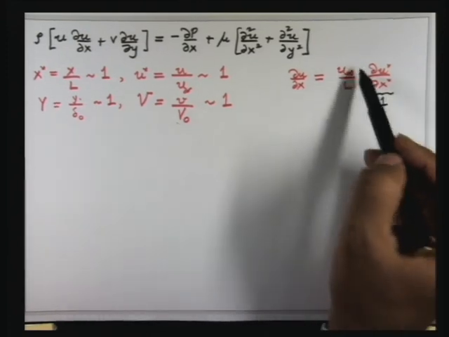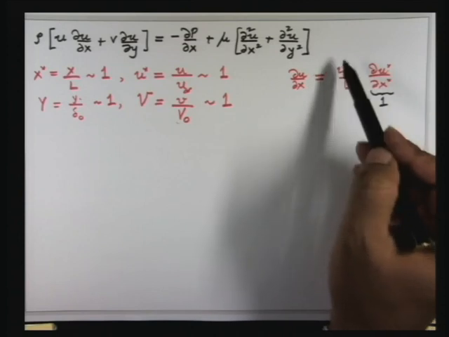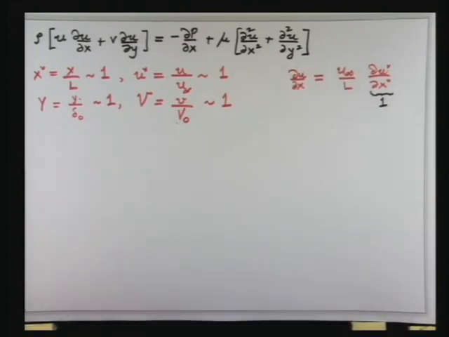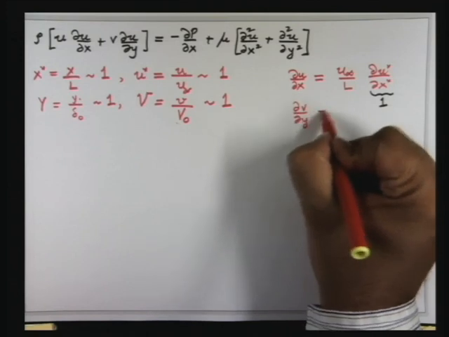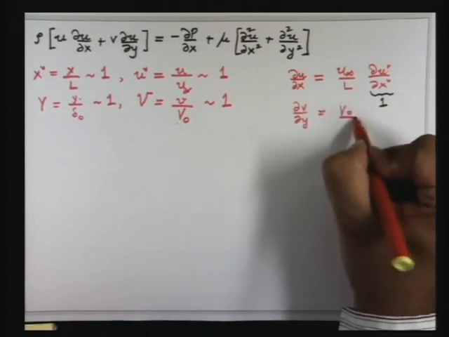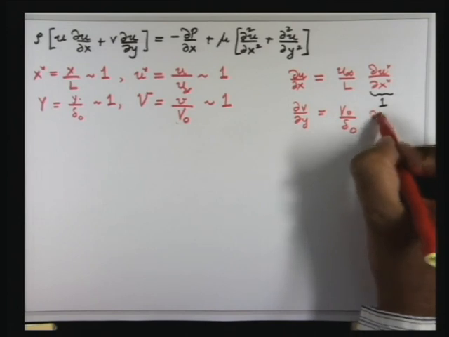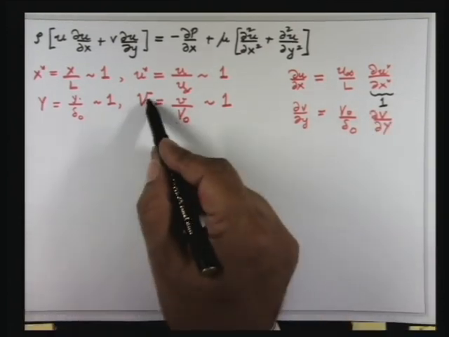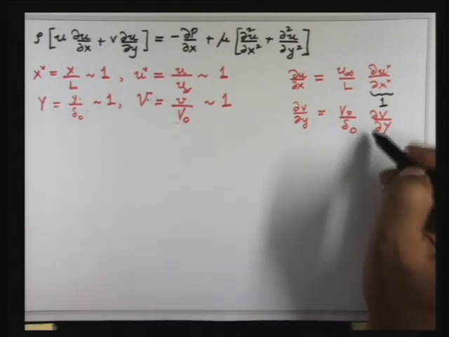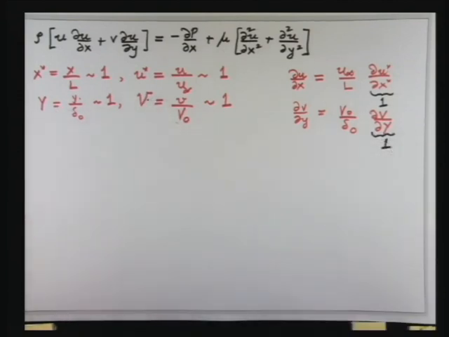So this quantity in front is telling you the order of magnitude of ∂u/∂x. Similarly, if I look at ∂v/∂y in dimensional form, this is V naught by delta naught times ∂V/∂Y, and because capital V is order 1 and capital Y is also order 1, this is order 1.